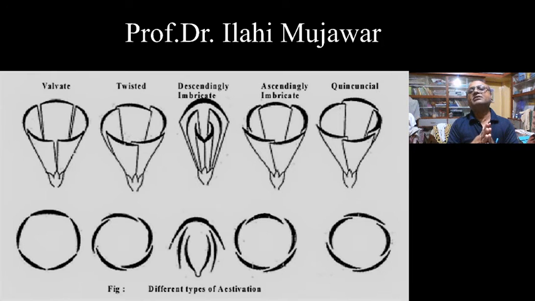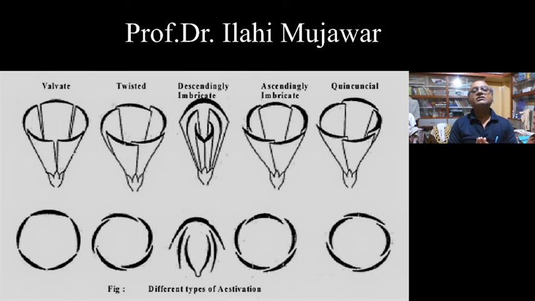For example, there are 5 petals: number 1 and 3 petals are completely on the outer side, the second and third are completely inner, and the remaining one is partly outer and partly inner. It is called the quincuncial type of the estivation. So this is about the estivation types, and these are most important.